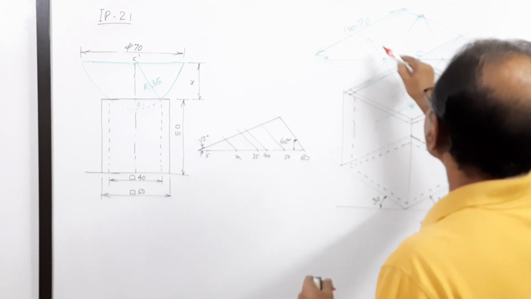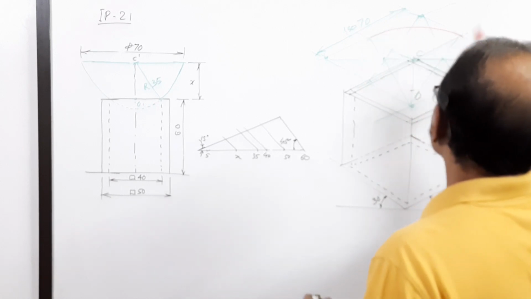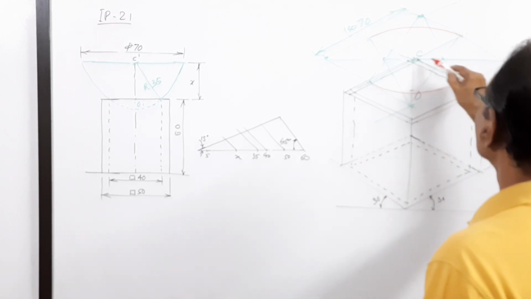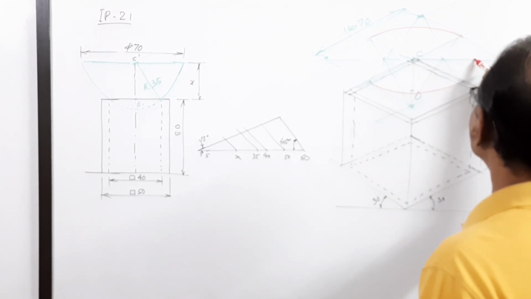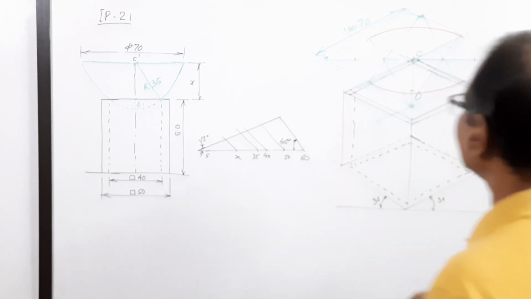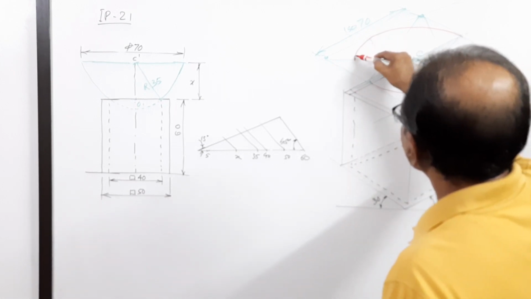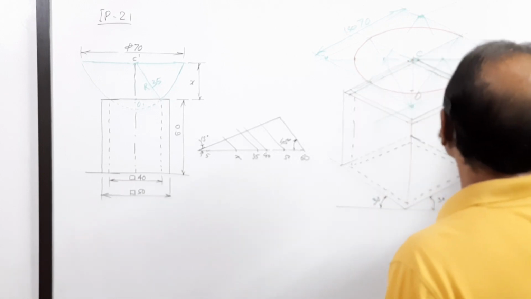This is center, this is radius, draw an arc with your compass. From the center, measure 35 to either side. Draw a smooth freehand curve.